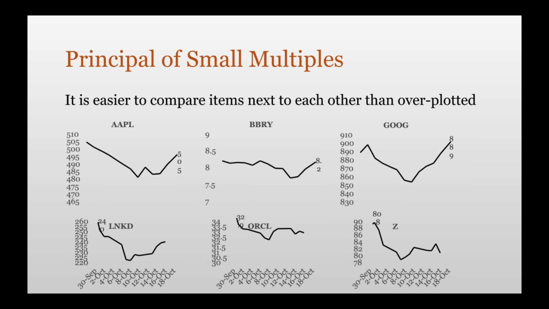This is looking at stock data over time, and the stock prices. It's less important what the absolute price is. It's more important what the behavior of the prices is. Small multiples is a way of separating out the absolute price and really getting a handle on the behavior.